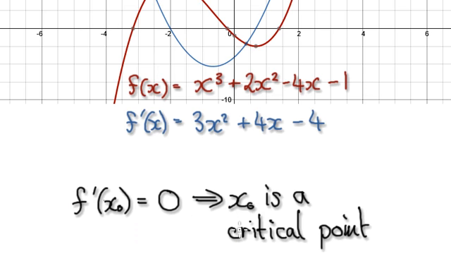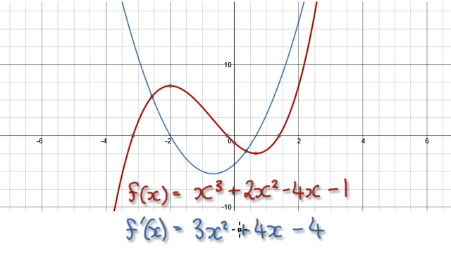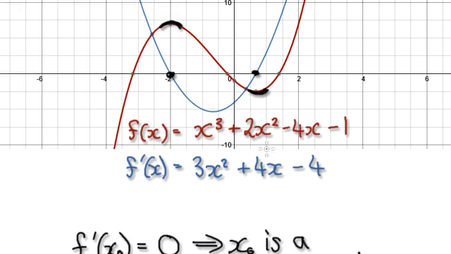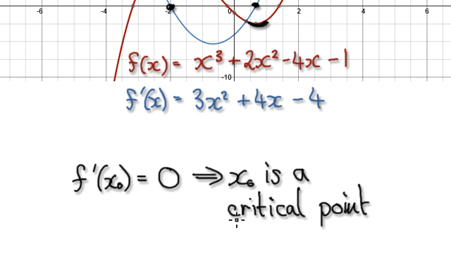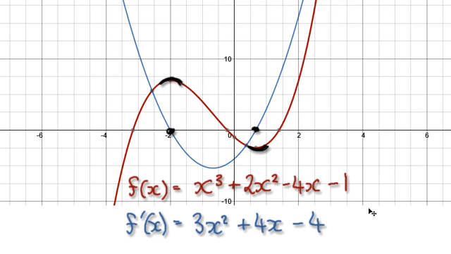Now in this case, it's a turning point. When it equals 0 here, the original function is a turning point. And here the original function is a turning point. But we cannot say that it's always a turning point. We have to use the term critical point because there's a case when you have a function looking like this.